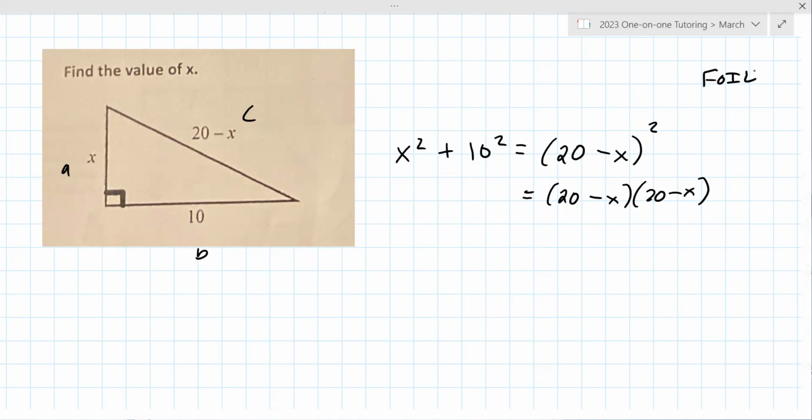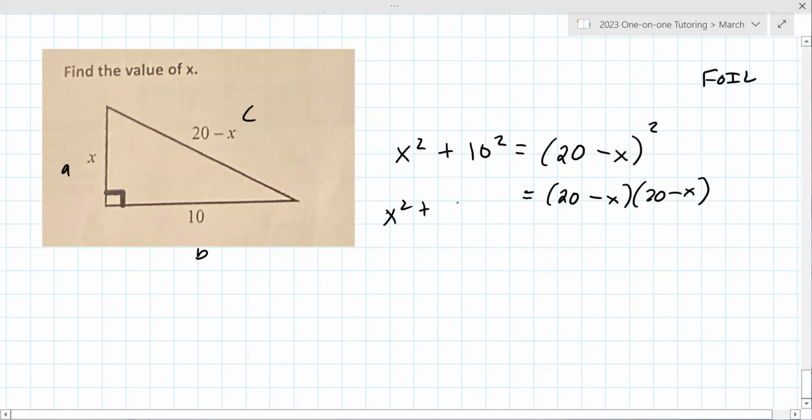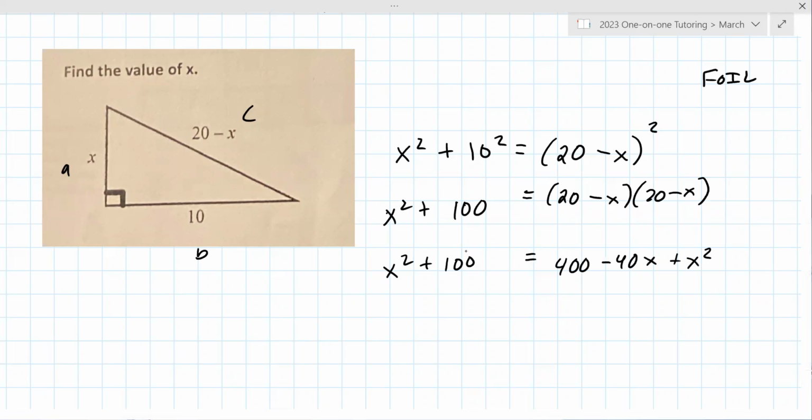All right. 400 minus 20x, and then 400 minus 40x plus x squared. Okay, so now I have 400 minus 40x plus x squared.